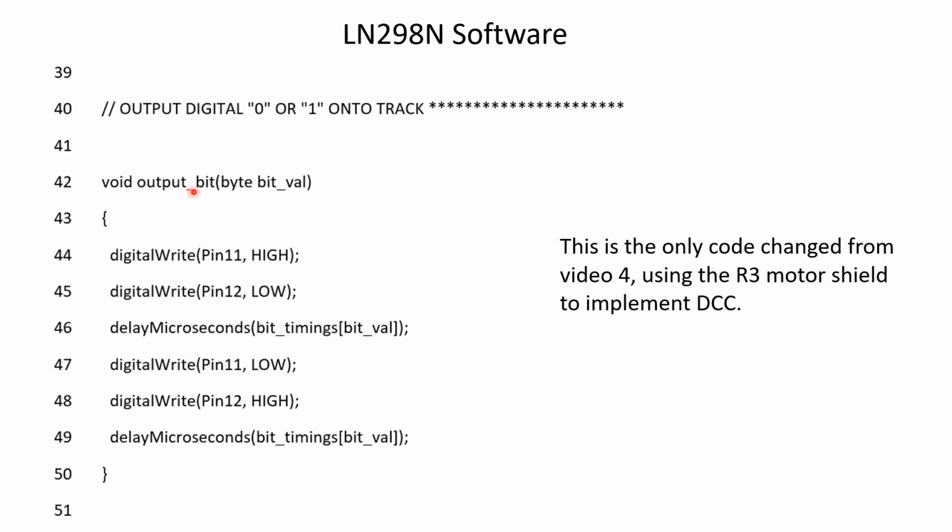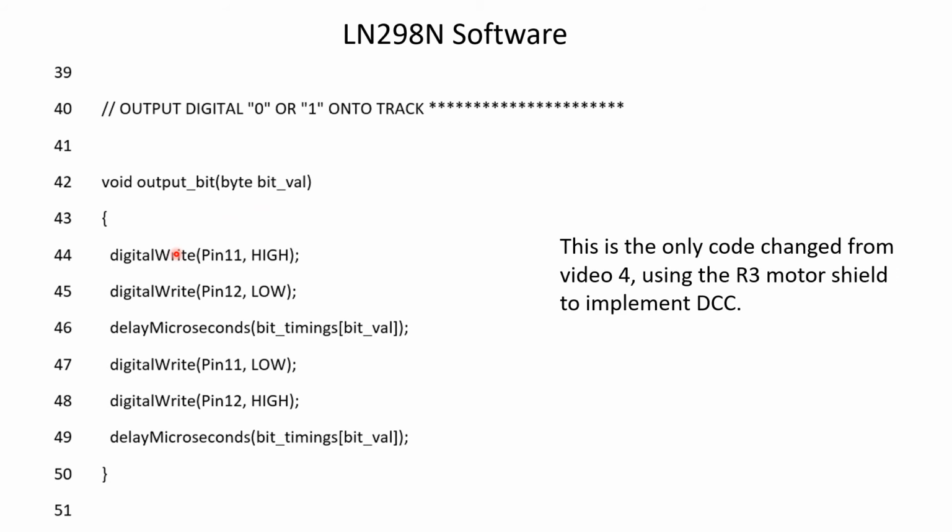Void output bit is the sub-function where I transmit either a DCC logical 0 or a DCC logical 1, and I get whether it's a 0 or 1 by looking at the bit value from a previous input. It is either 100 microseconds for a 0 or 52 microseconds for a logical 1.